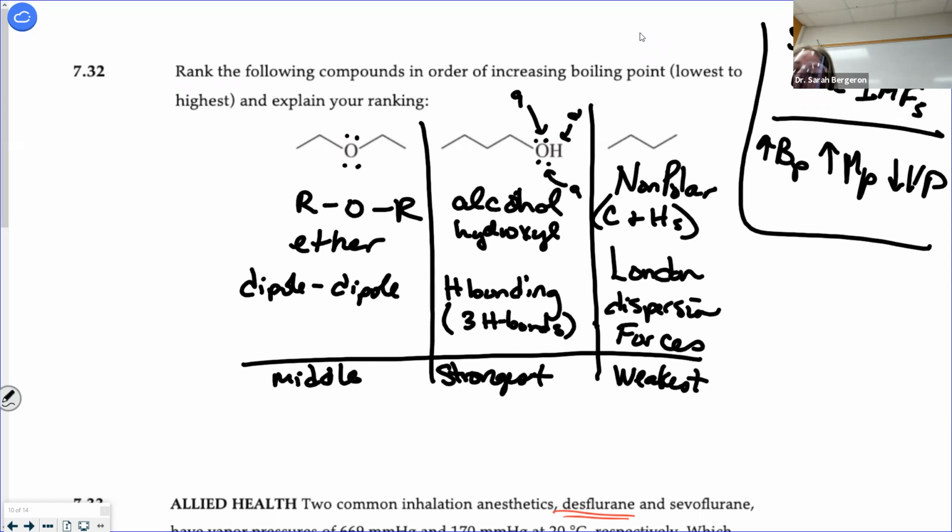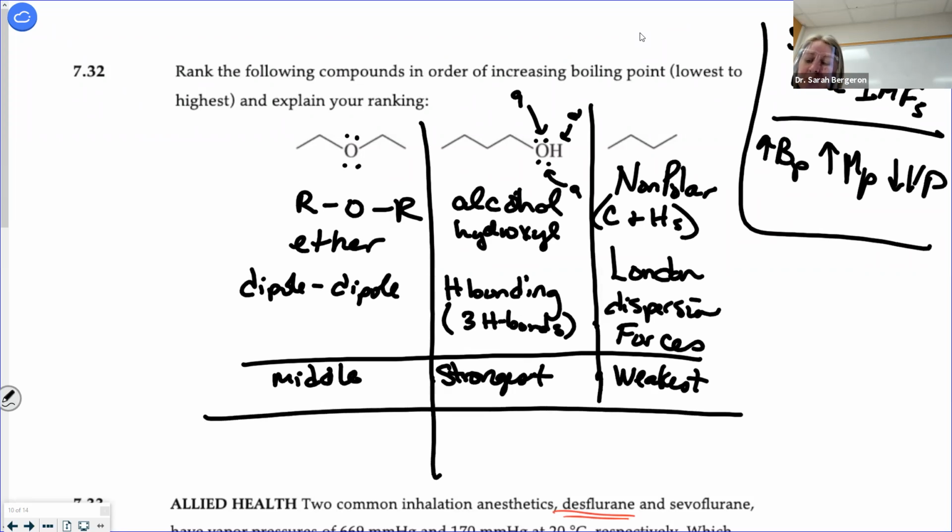Okay, so now I need to rank the compounds in order of increasing boiling point. So I'm going to start with the lowest boiling point. What is going to have the lowest boiling point? The one with the weakest or the one with the strongest intermolecular force? The one with the weakest. So this is the lowest boiling point. Which one has the highest boiling point? The alcohol has the highest.